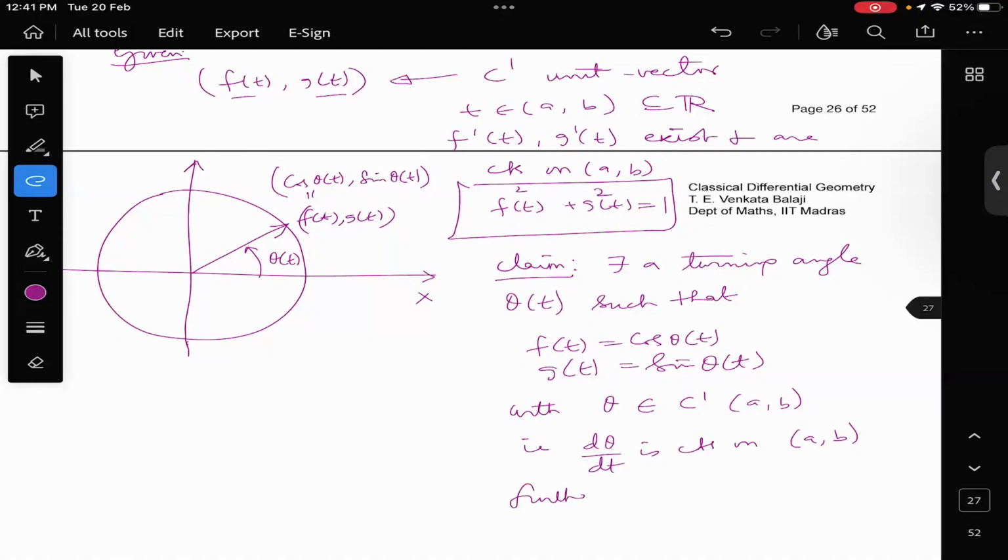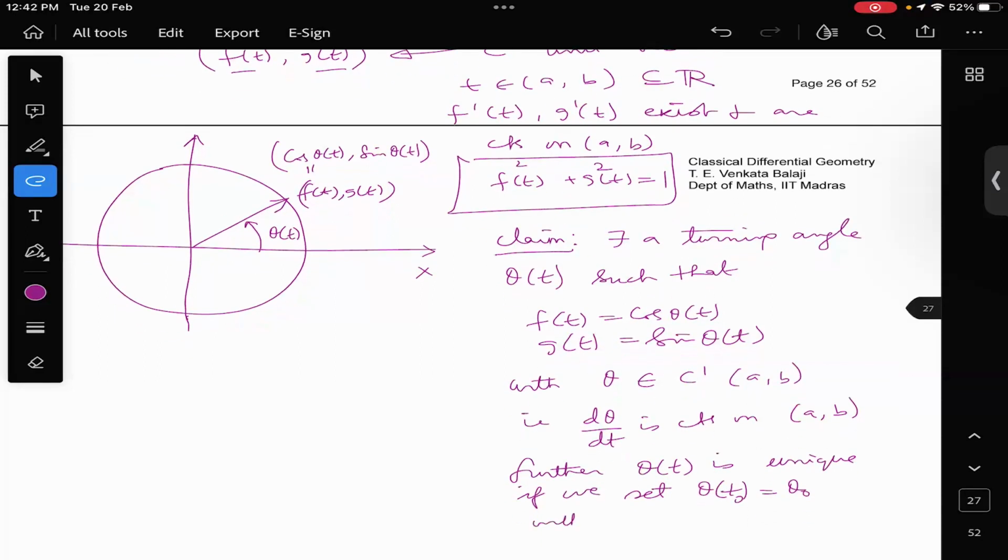Further, let me write this: theta of t is unique if we set theta of t naught equal to theta naught, with f of t naught equal to cos theta naught, and g of t naught equal to sin theta naught.